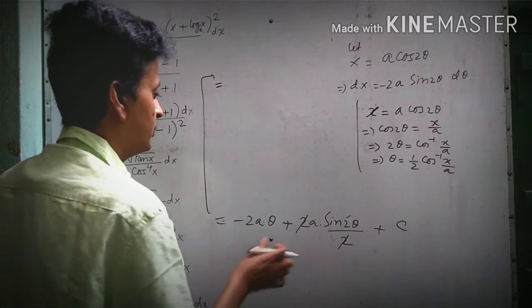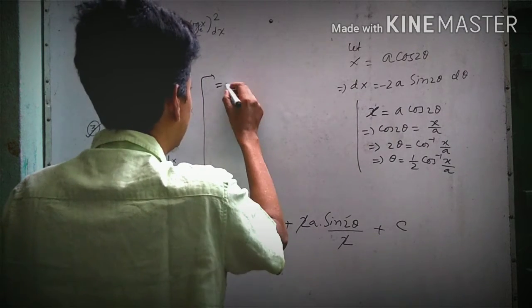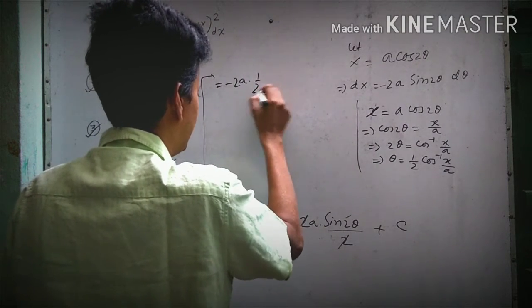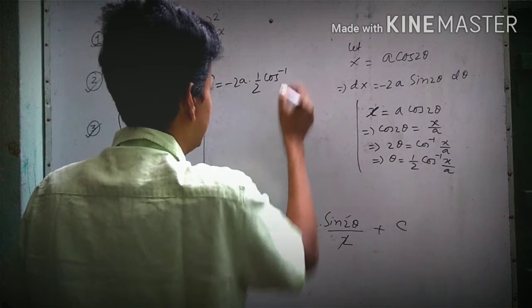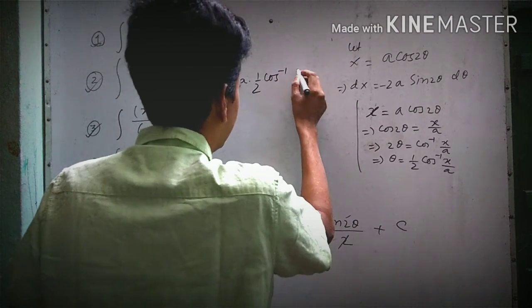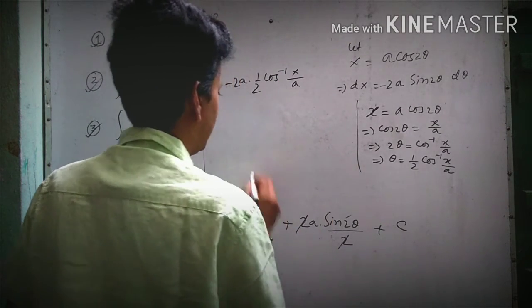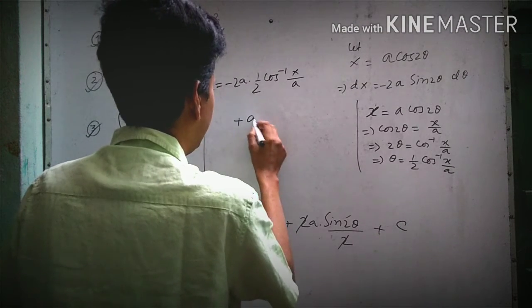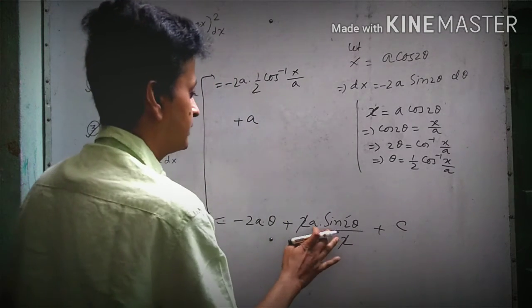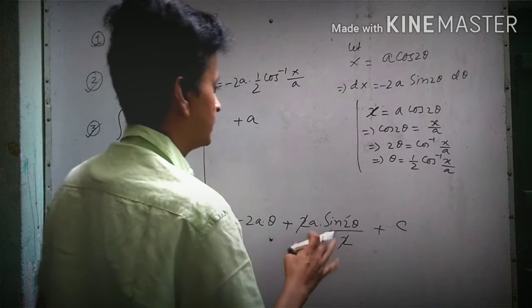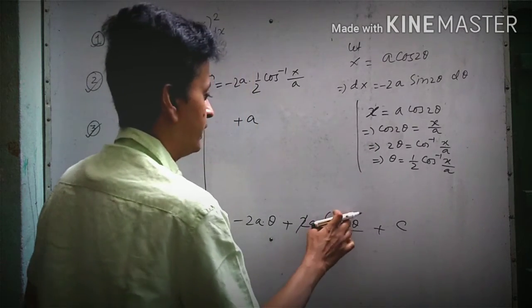So we put the value of theta, that is minus 2a into half of cos inverse x by a, and another is sine 2 theta.